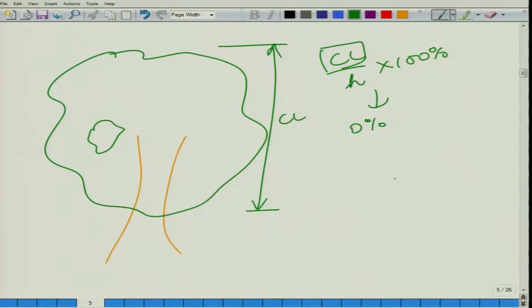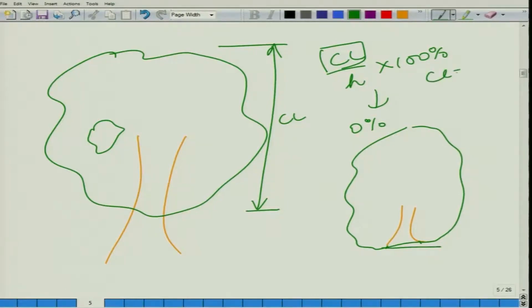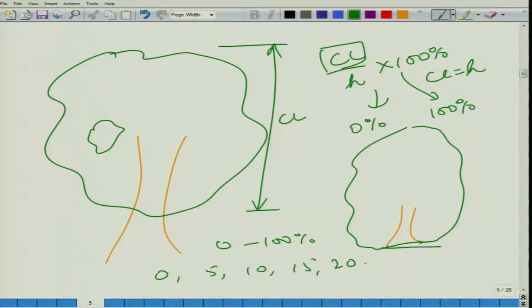In a theoretical condition where you have a tree and a crown that completely covers it, the crown cannot go beneath the ground level, so the crown length is equal to height, which will give a ratio of 100%. So, this ratio can vary from 0 to 100%, and we divide it into classes which are 0, 5, 10, 15, 20 up till 100%.